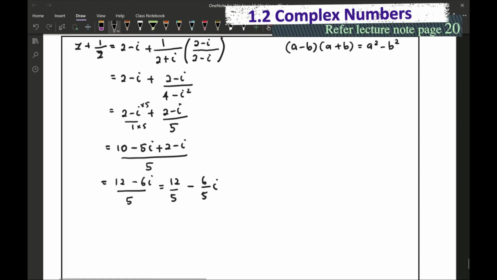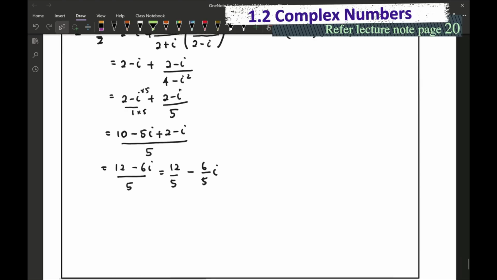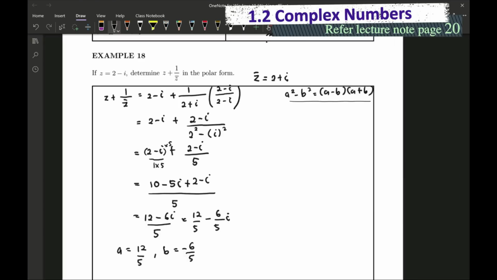From this complex number, our new complex number that we already simplified, we can get our a and our b, which is a equal to 12 over 5 and b equal to negative 6 over 5. We have our a, we have our b. We can get the modulus of z and our theta.